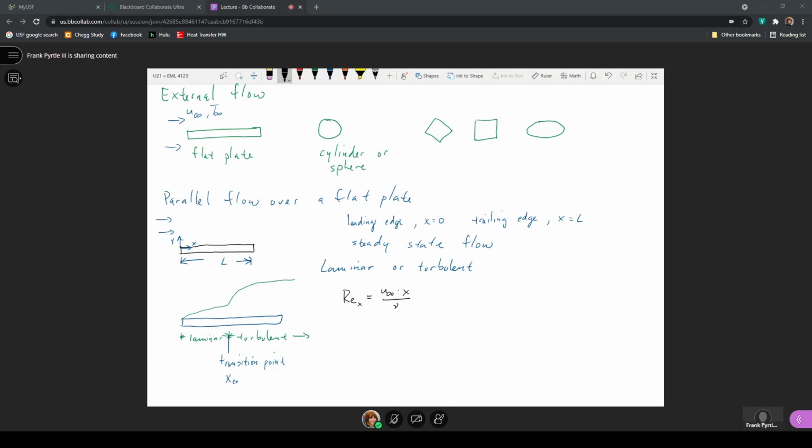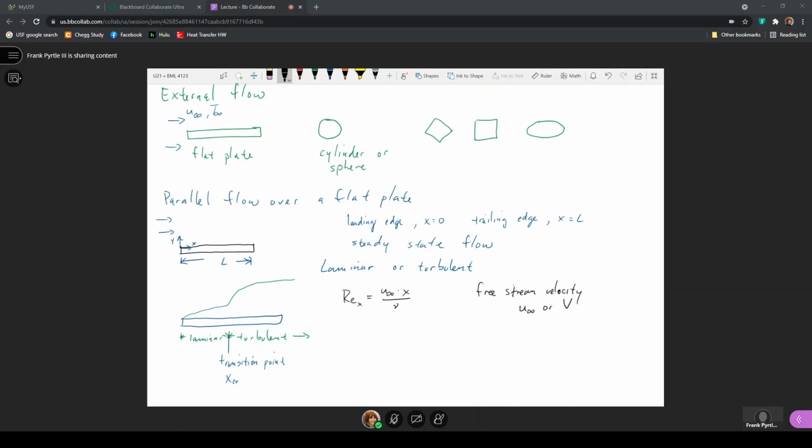And actually, I think in your textbook, for free stream velocity, in many cases, they'll just use a V. So this can be written as U infinity or capital V as that velocity of the fluid away from the plate. In either case, if you're using V, just replace this U infinity that I've drawn here.